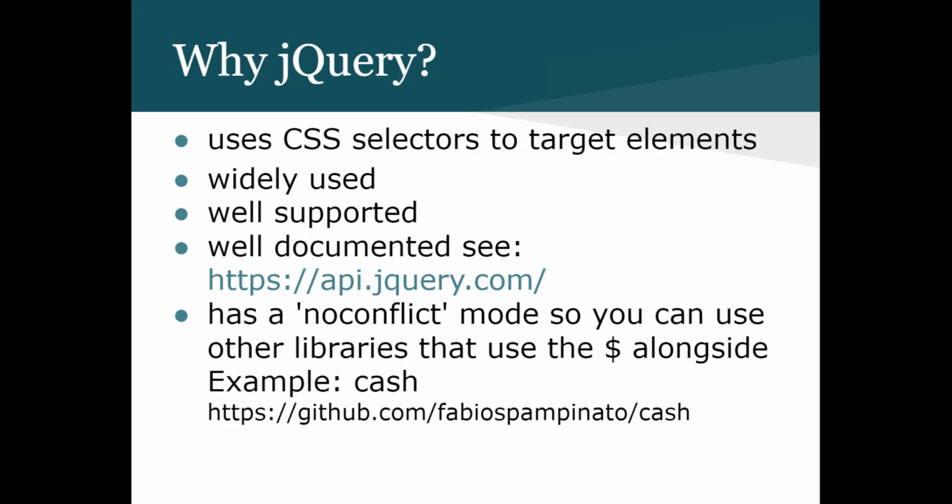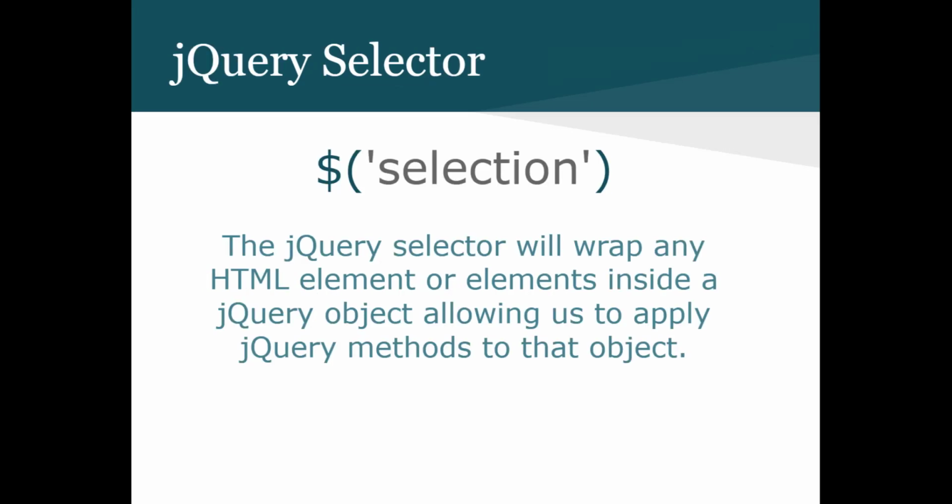As an example, Cache is a JavaScript library that does much of the same sort of things as jQuery, and it uses the scalar as a shortcut to reference its code library. To use these two things together, you would have to put jQuery into no-conflict mode. We're not going to cover that very much in this class because we're only going to be utilizing jQuery.